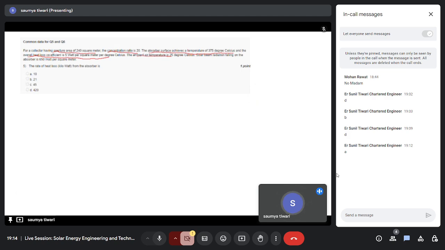Solar beam radiation falling on the absorber is given. What has been asked is the rate of heat loss from the absorber, and further you can also calculate the rate of heat utilized. So what is the heat lost in the given system with the given parameters, and what is the heat utilized?